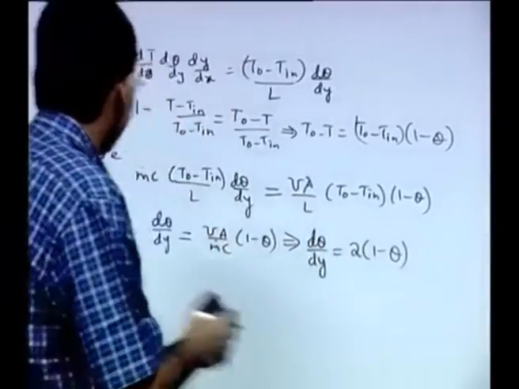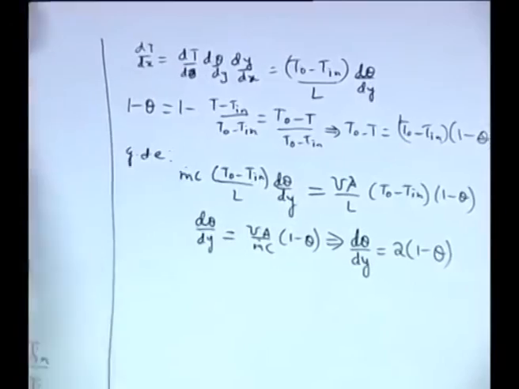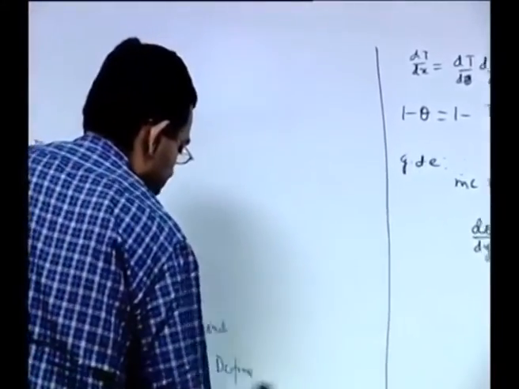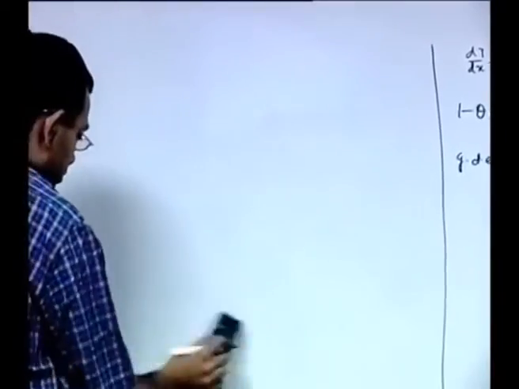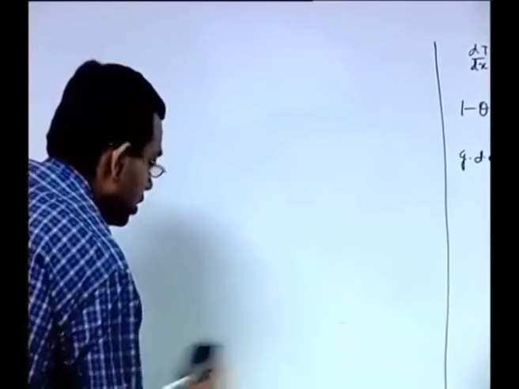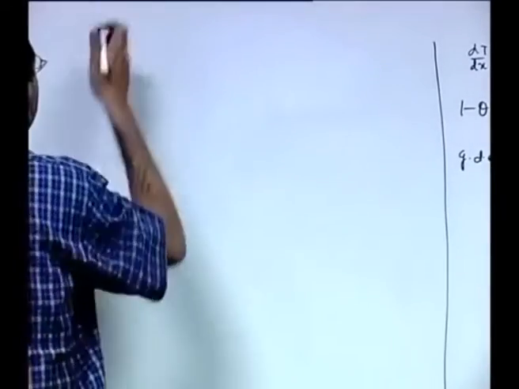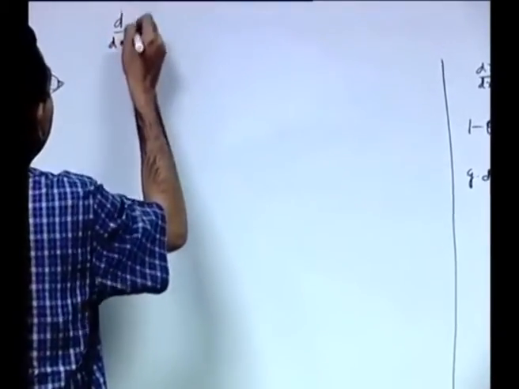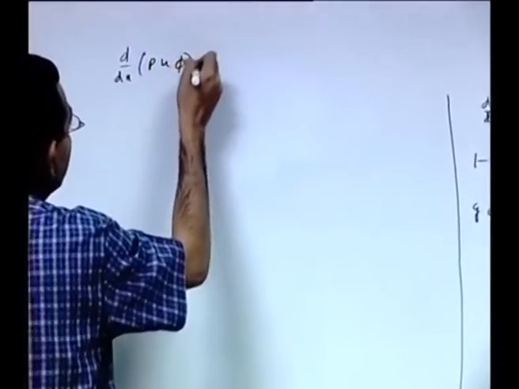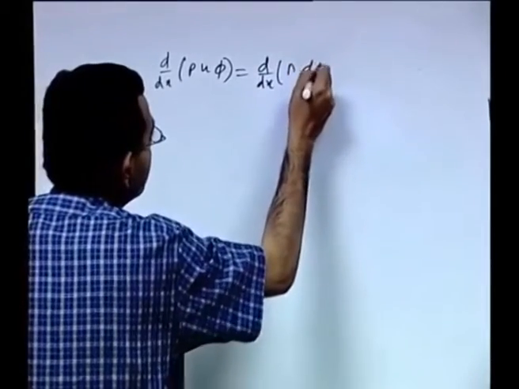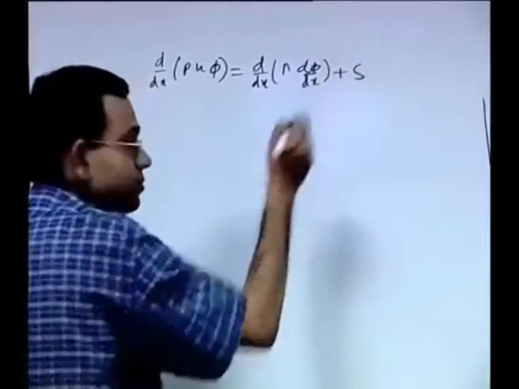So let us try to compare it with a prototype of a one dimensional convection diffusion equation. So one dimensional convection diffusion equation is what? d dx of rho u phi is equal to d dx of gamma d phi dx plus s.